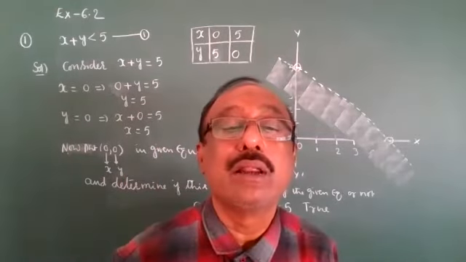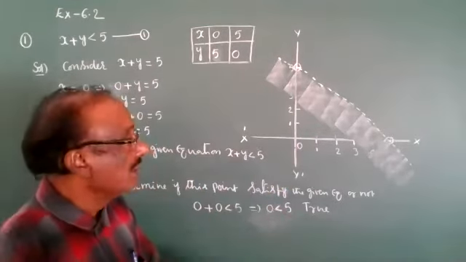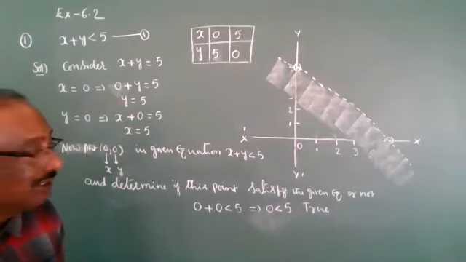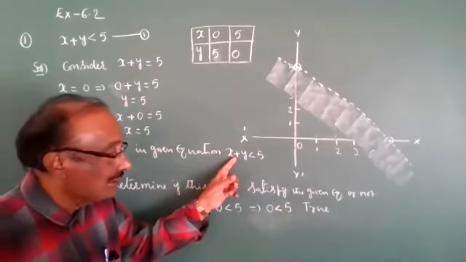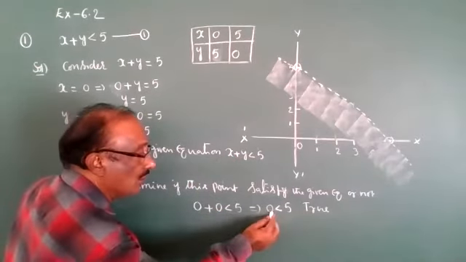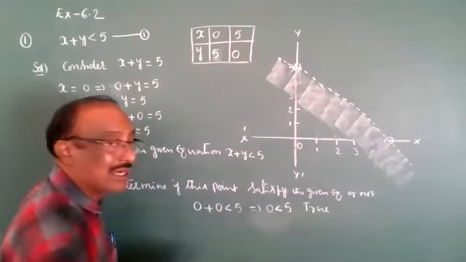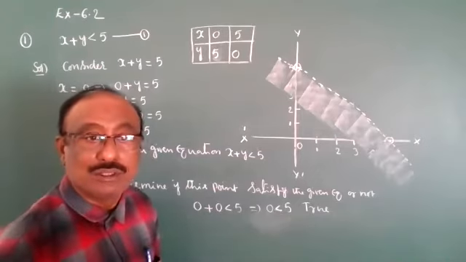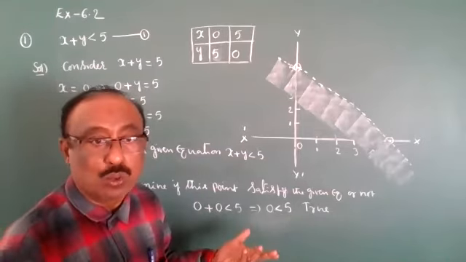Not understanding the last part, sir. Abhay, what is the last part? Here we substitute 0 0. Is 0 less than 5 or not? 0 is less than 5, true.